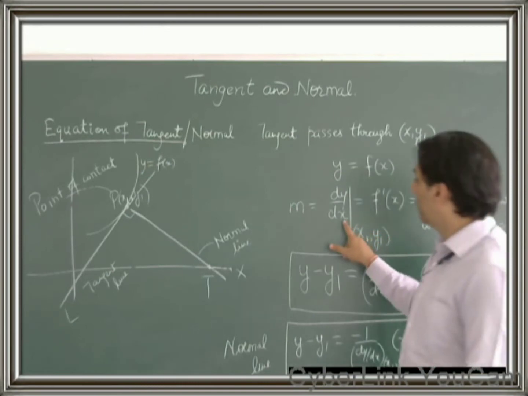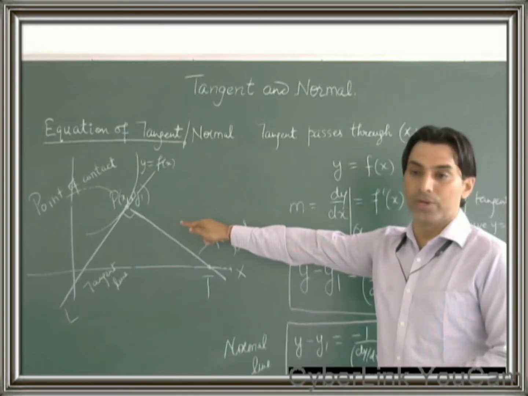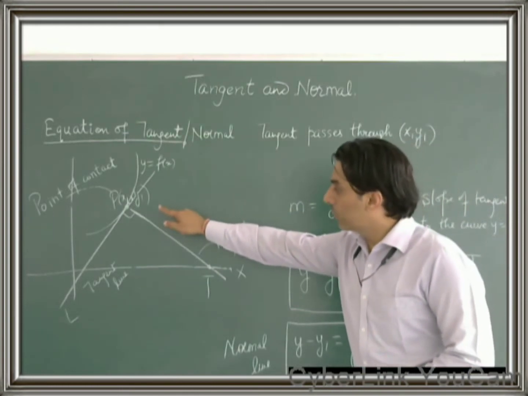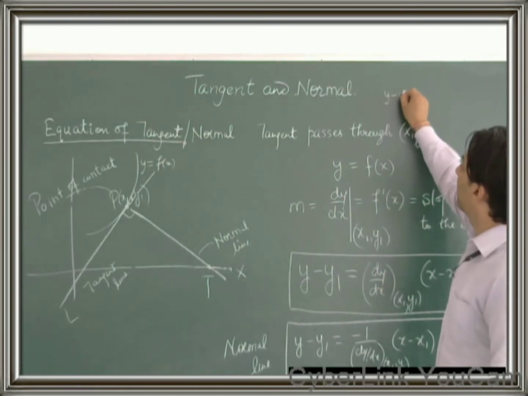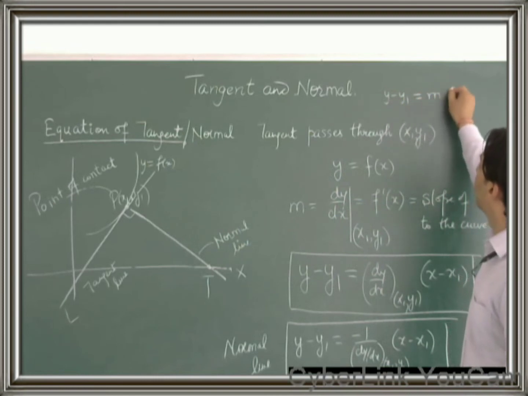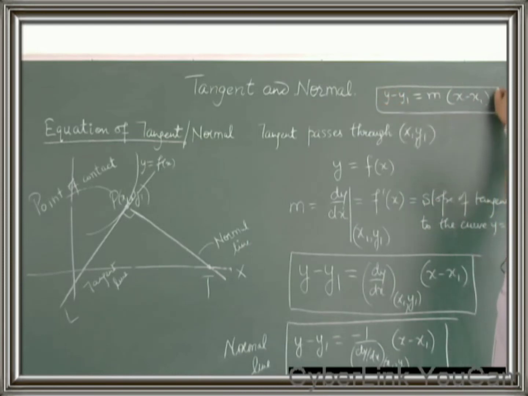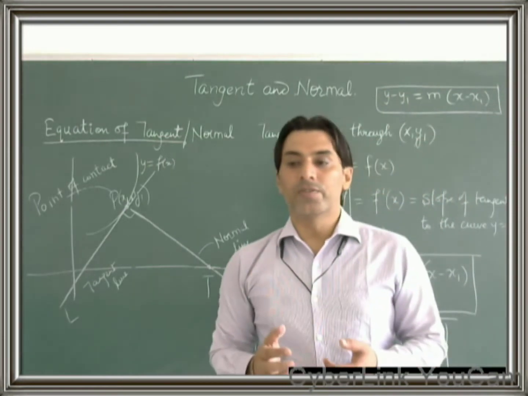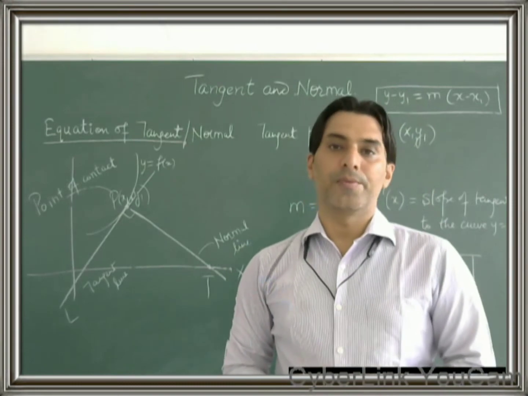And we find the value of dy by dx, the slope, at the point of contact only. After finding the slope at the point of contact, you can just substitute the value of the slope in the equation y minus y1 is equal to m(x minus x1), the equation that you use to find the equation of a line in straight lines. So in this way, we have done the equation of the tangent line as well as the equation of the normal line.